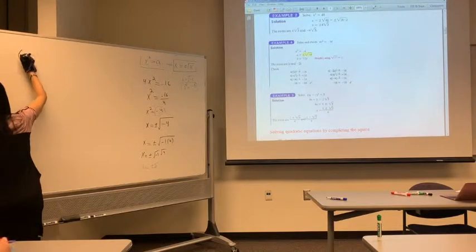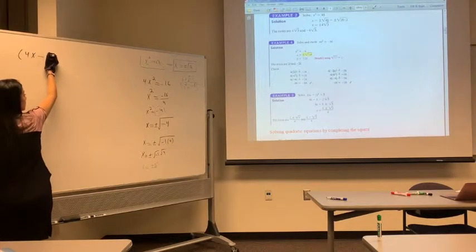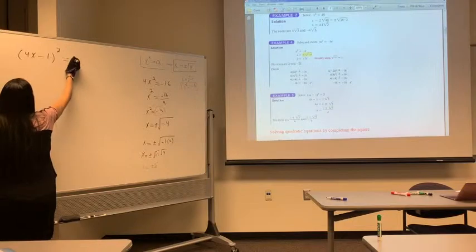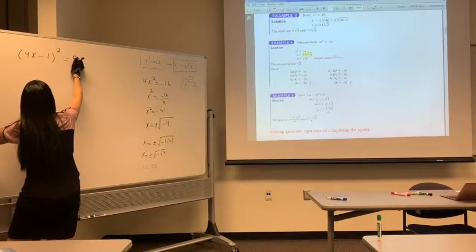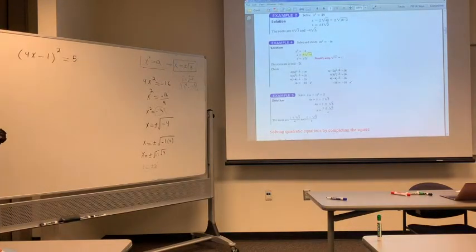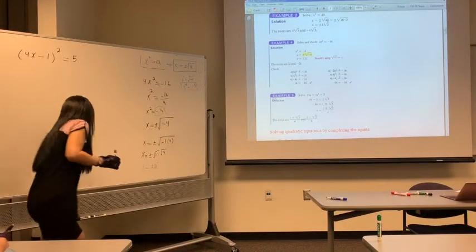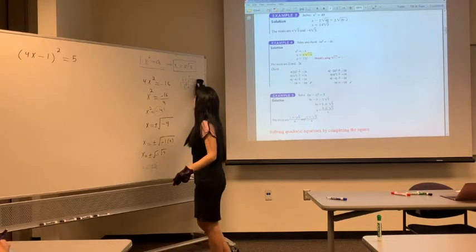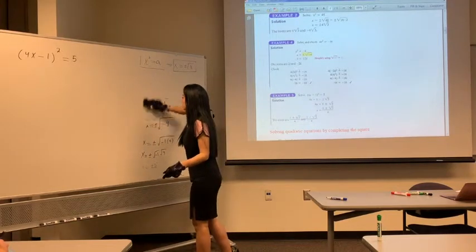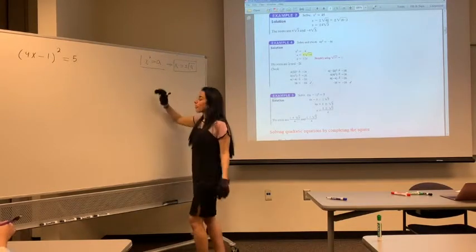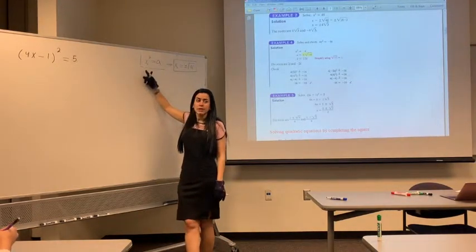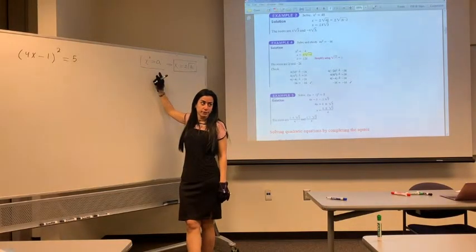Okay, so now we have (4x minus 1) power 2 equal to 5. Here we have x squared equal to 8, right?